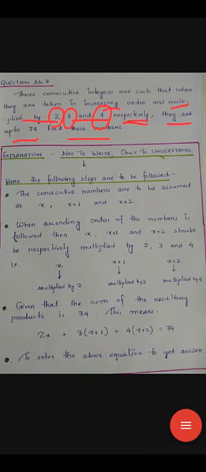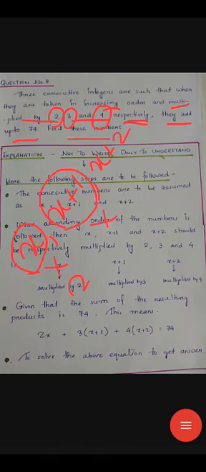So what are they saying? The numbers are to be assumed as x, x plus 1, then x plus 2 because they are to be assumed in increasing order. After that, the first number should be multiplied by 2, the second number by 3 and the third number by 4.